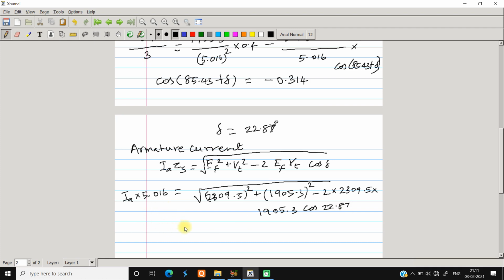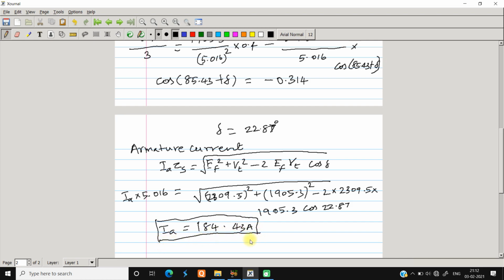So if you calculate these values and take this particular value into the denominator, we will get the IA value as 184.43 amperes. So for this particular problem, we have found out half of the value.